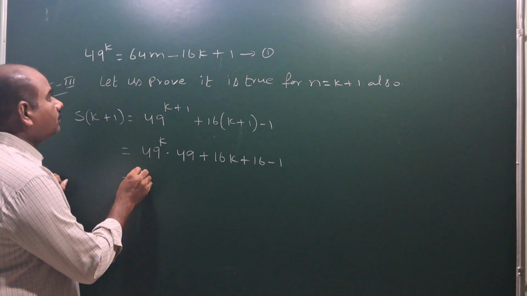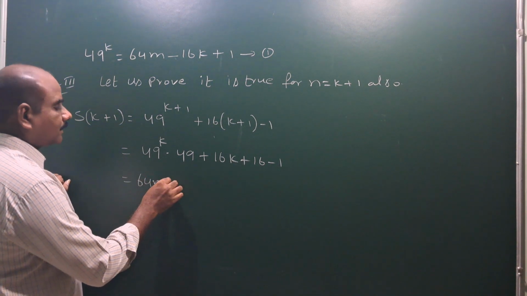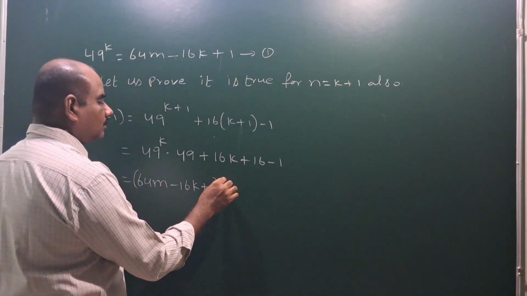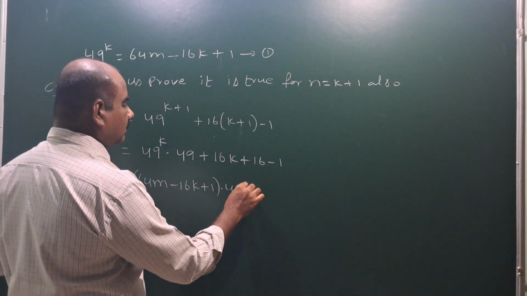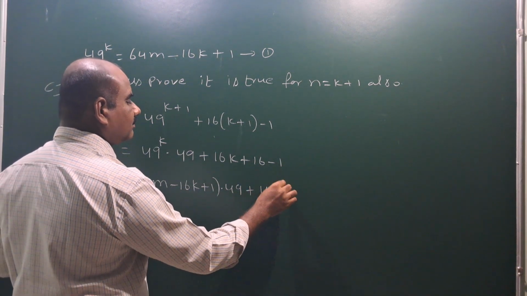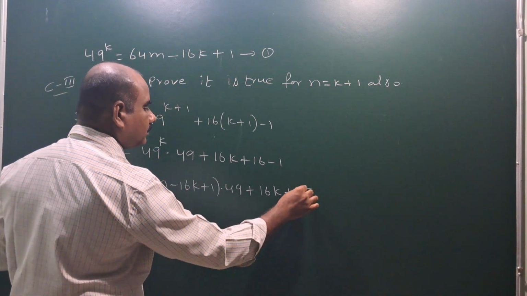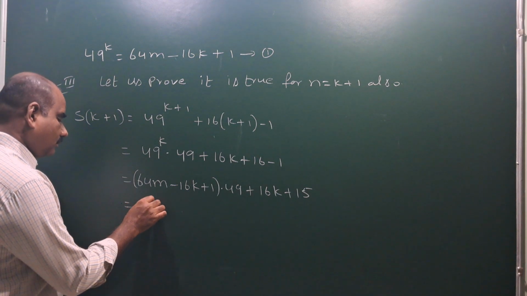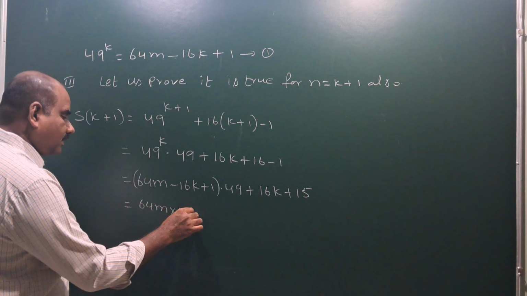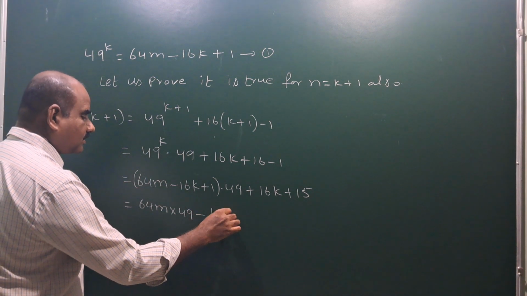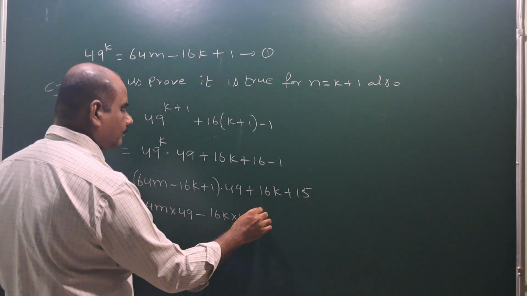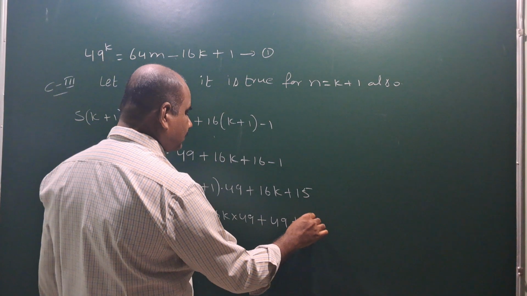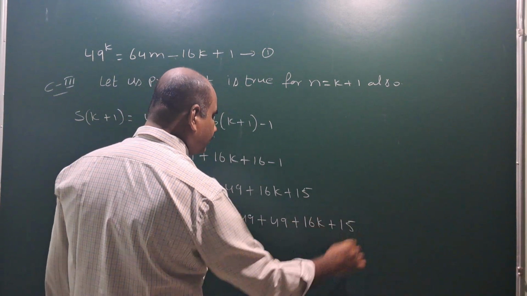So substitute that value: 64m minus 16k plus 1, into 49, plus 16k. 16 minus 1 means 15 we get. Now we will multiply these two. So 64m into 49 minus 16k into 49 plus 49, plus 16k plus 15.